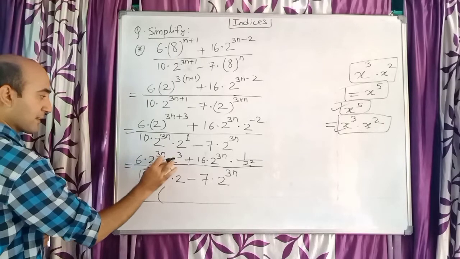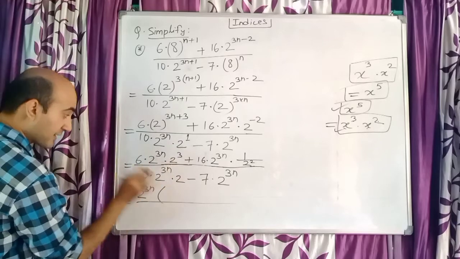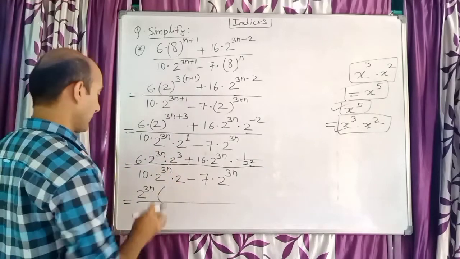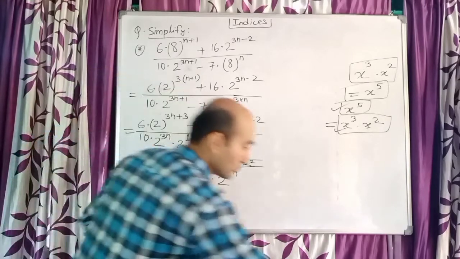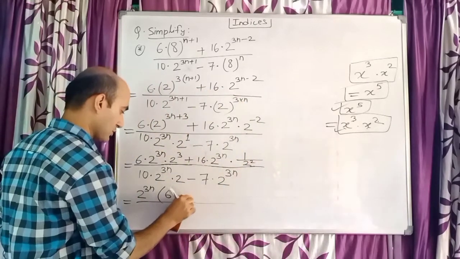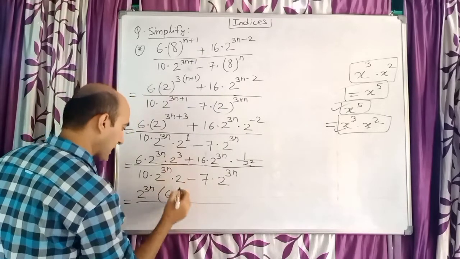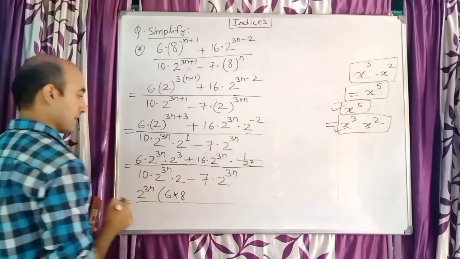Here 6 will remain, and here 2 cube will remain. 2^(3n) has come outside as common. 2 cube, you know, is 8, so 6 into 8, and 2^(3n) is common.